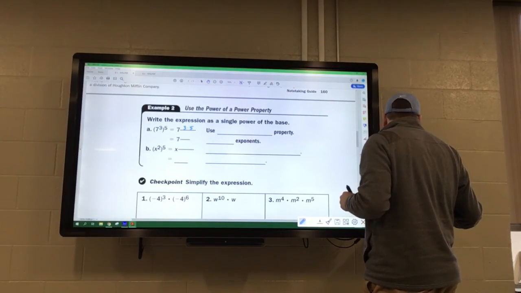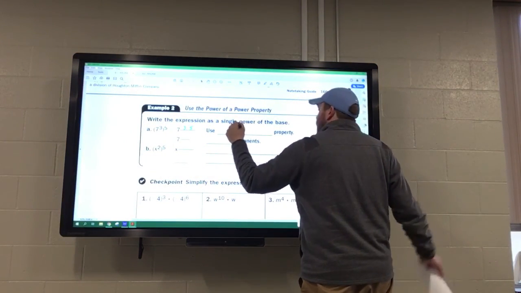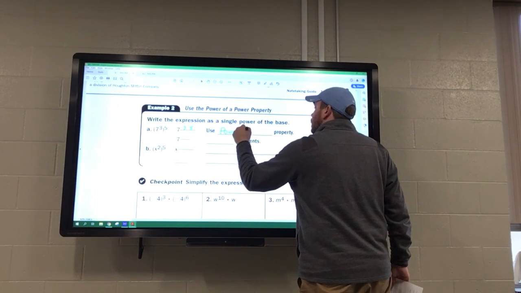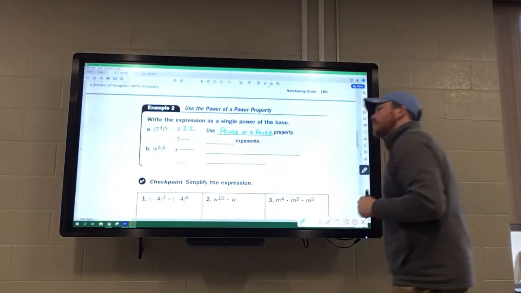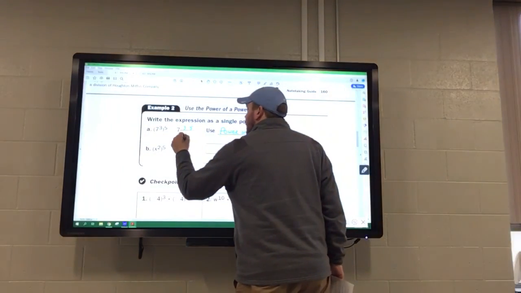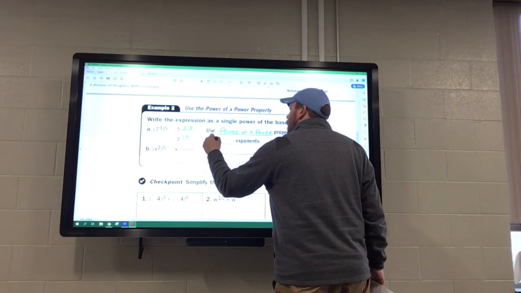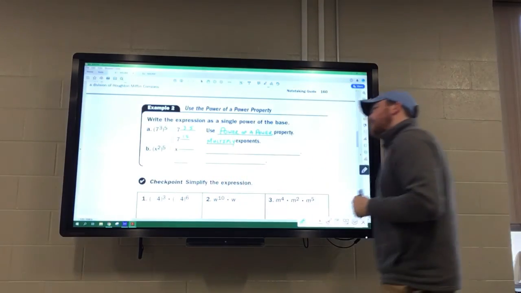And that's the power of a power property. 3 times 5 is 15. So my final answer is 7 to the 15th power. And we found that by multiplying our exponents.